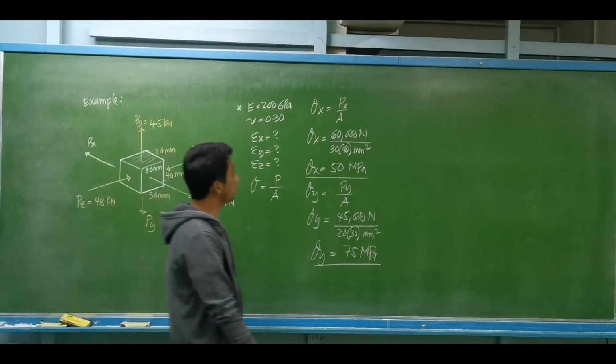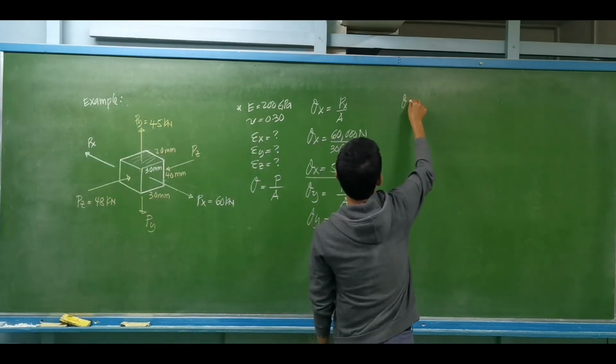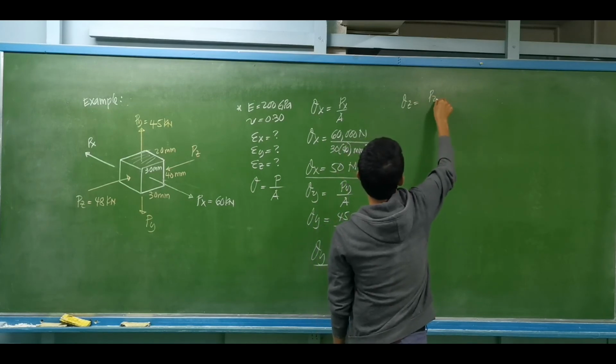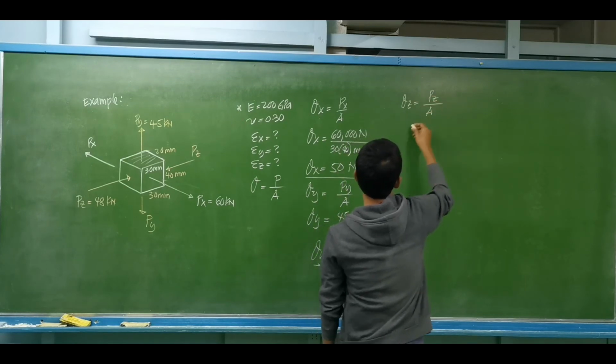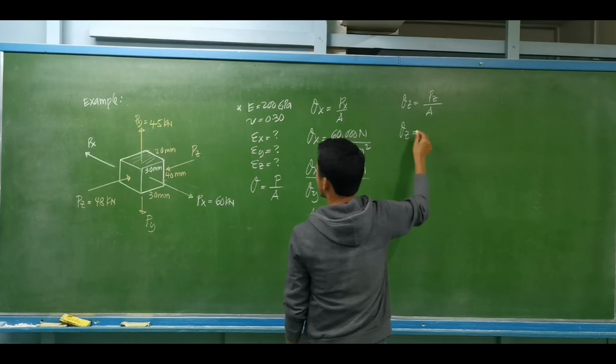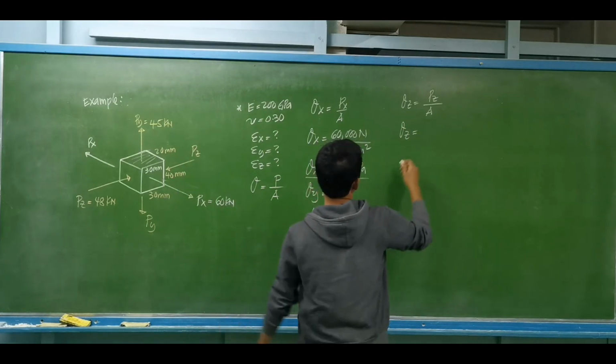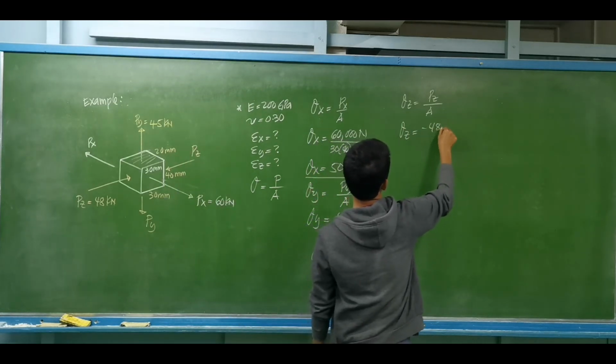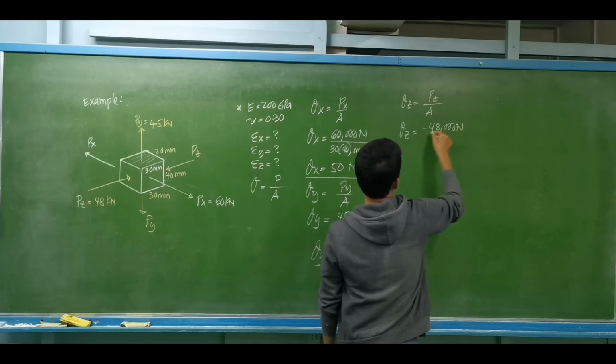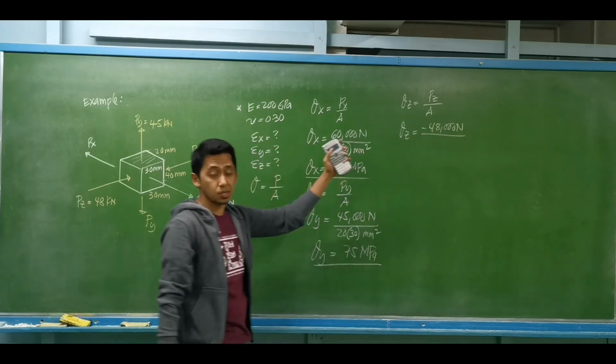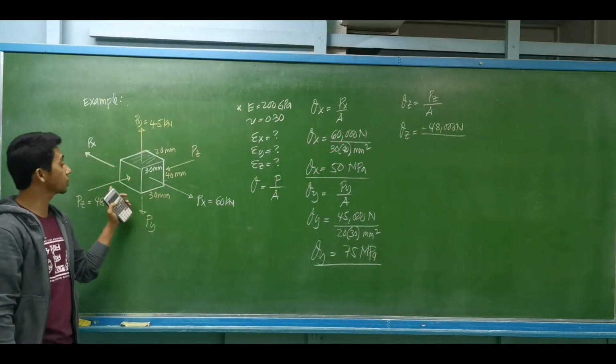And lastly, we have the stress along z is equal to the force along the z axis divided by the area. We have negative 48,000 newtons. I'm using the negative sign since it is under compression.